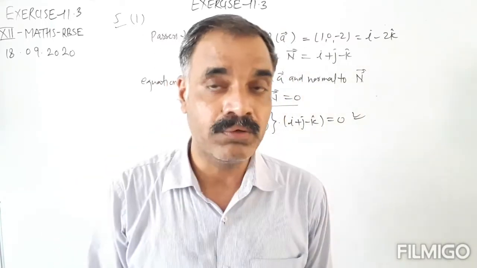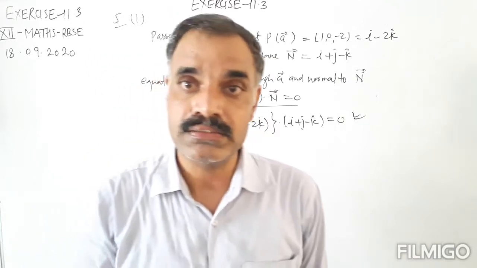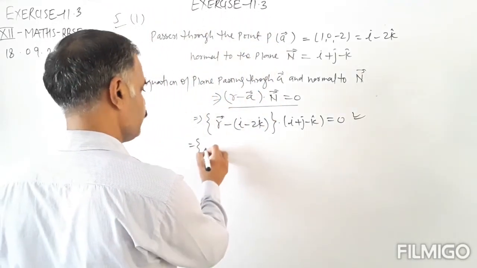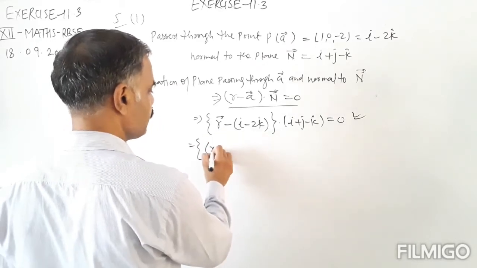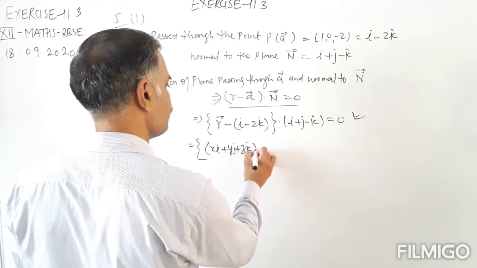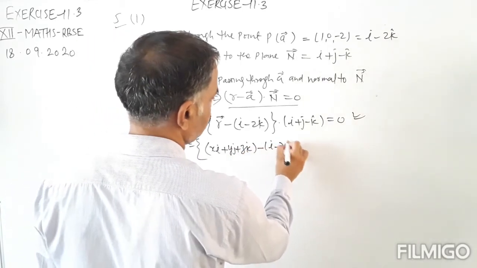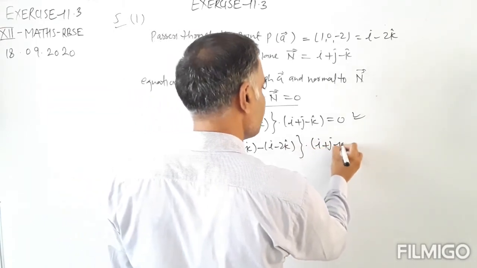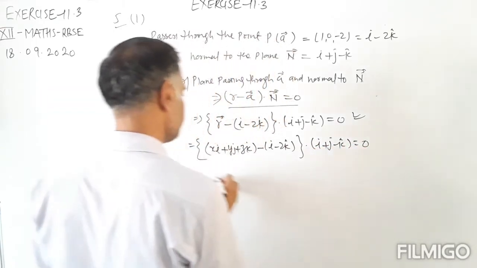Now we have to find its Cartesian form. To convert this to Cartesian form, put r vector equals xi cap plus yj cap plus zk cap, minus i cap minus 2k cap, dot i cap plus j cap minus k cap equals 0.